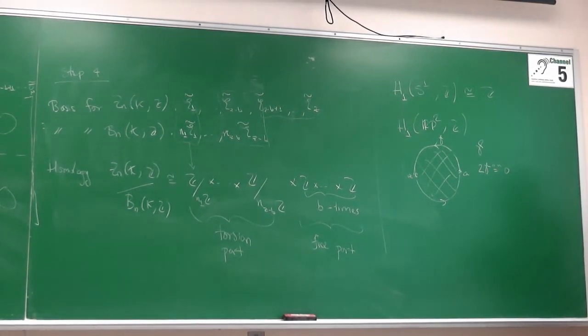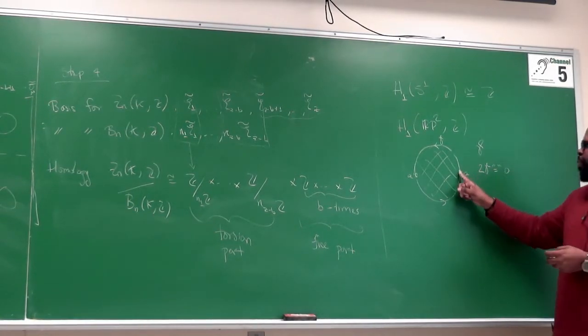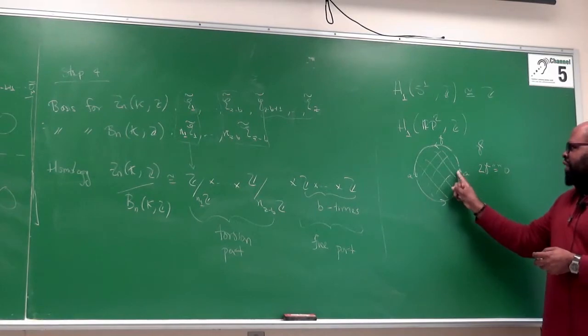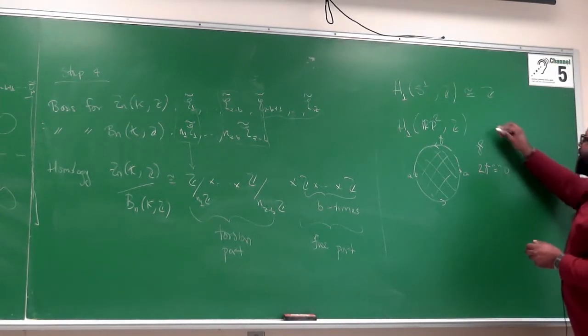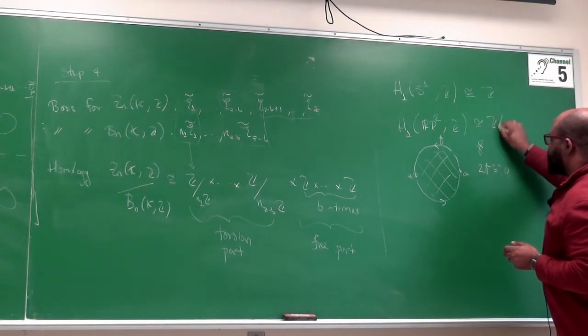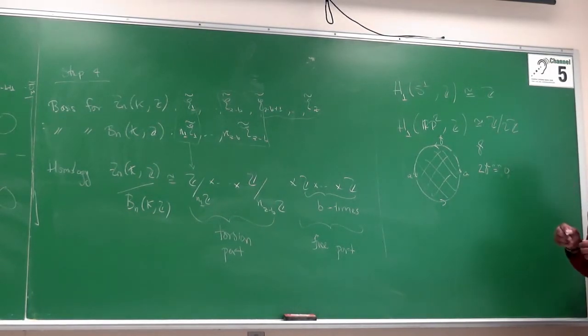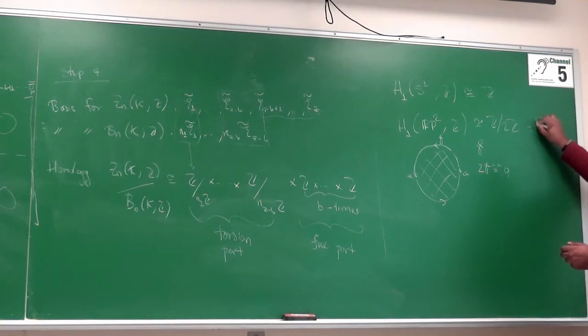It's weird to say out loud, but you have this loop that when you go around it twice gets filled in. That's, at least the intuition, as to why this is Z mod 2Z, which is the class of 0 and the class of gamma.